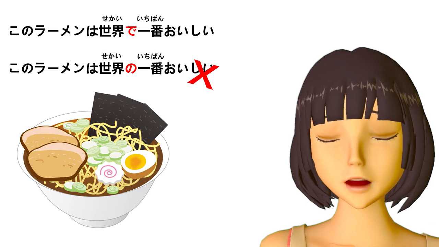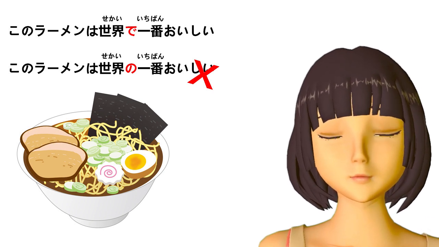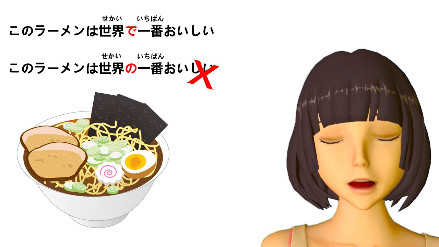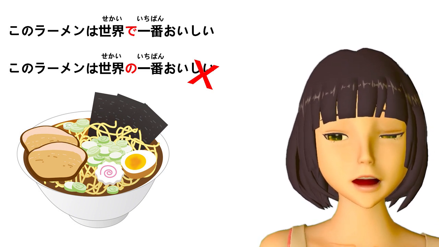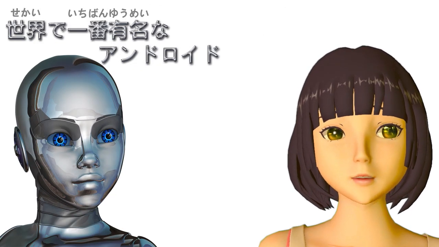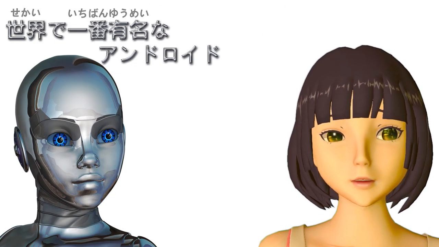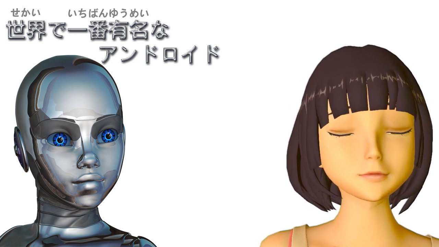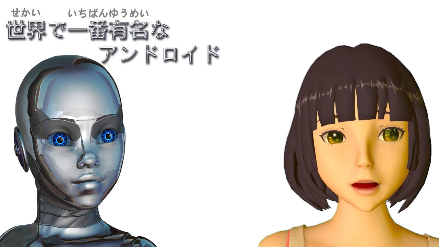Now, since we know that a noun plus copula also functions as a yogen, an active element, we can also say sekai de ichiban yumei na androido. And in this case, sekai de is modifying yumei na.